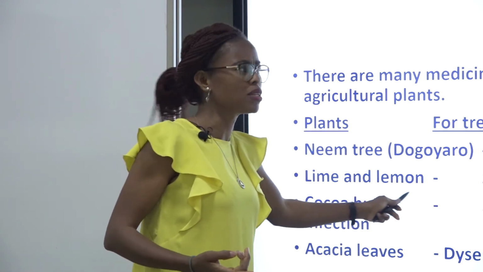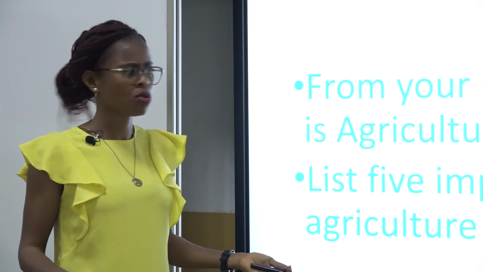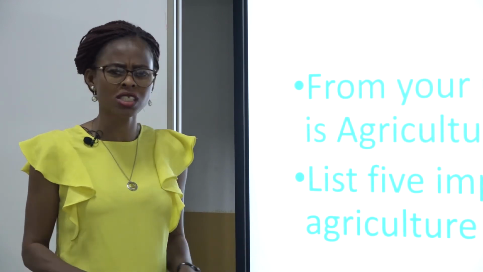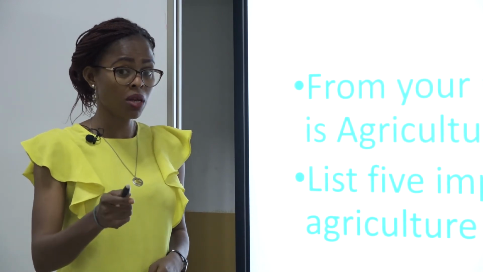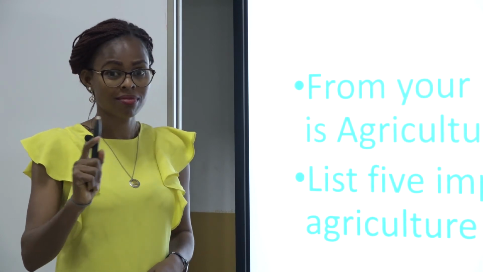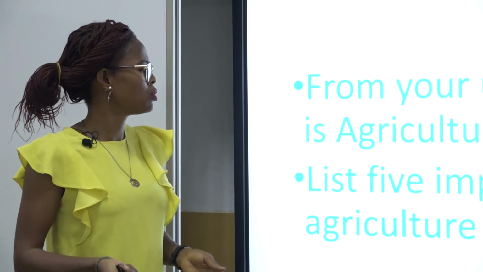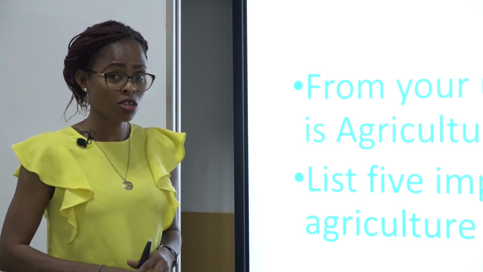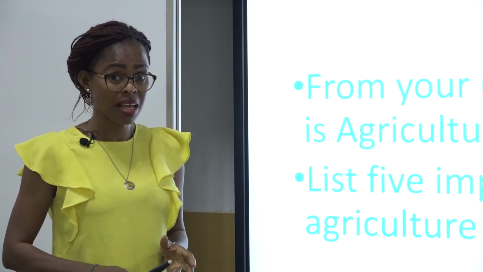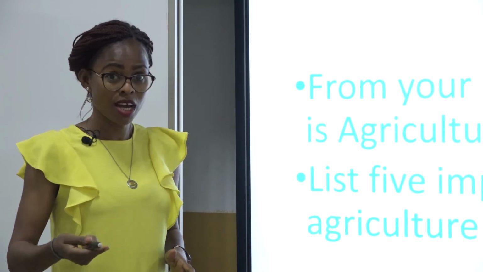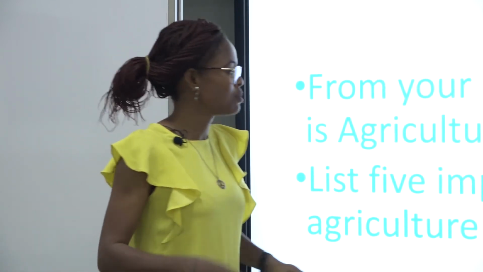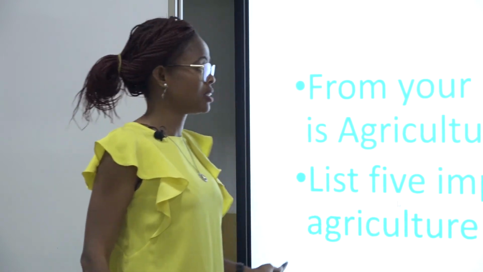Have you learned something today? I'm sure you've learned something today. That's what I'm going to ask you. In your own understanding, what do you understand from the word agriculture? I'm sure you're thinking, crop, animal. Yes, you can join them together because they are all words gotten from agriculture. What are the importance of agriculture? So you can list some. Cloth making, medicine. I'm sure you're listing them. Beautiful. So now let me find out if you understand what I've said.